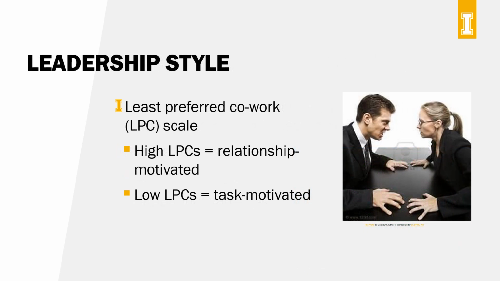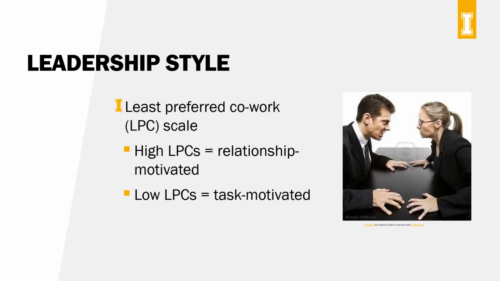So recall that when we've talked about leadership styles so far in this class, we've primarily talked about them as being either task-based or relationship-focused. The contingency theory uses the least preferred coworker scale to determine whether you're someone who is more relationship motivated or more task motivated.